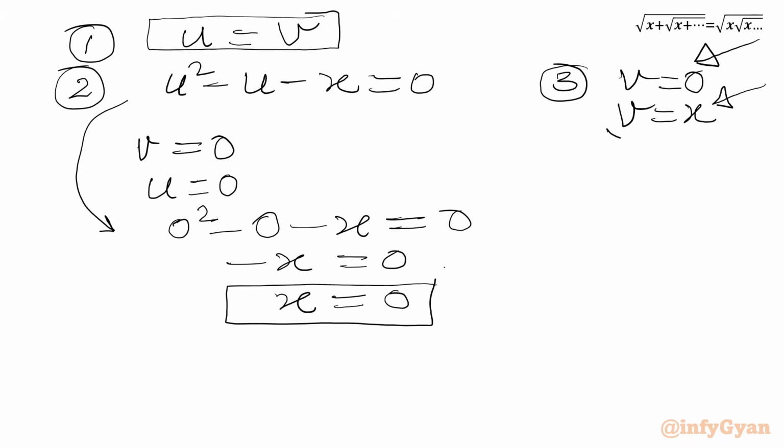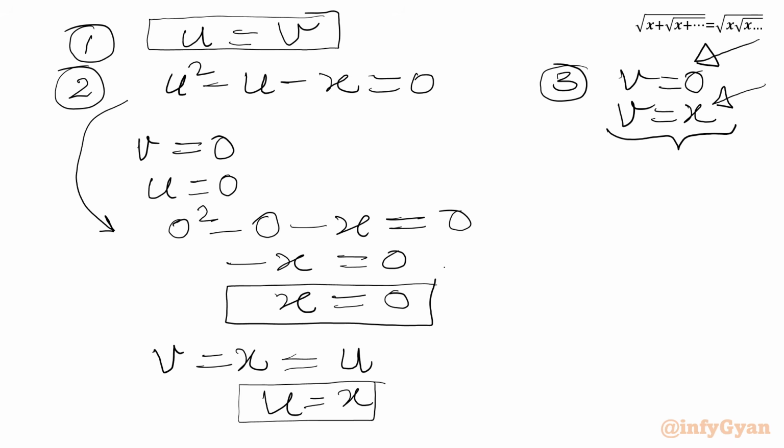Now we will take up V equal to x. So we can write V equal to x, and from first equation we can write equal to U. So I will write here U equal to x, which we are going to apply in our second equation. So I will write U square minus U minus x equal to 0.